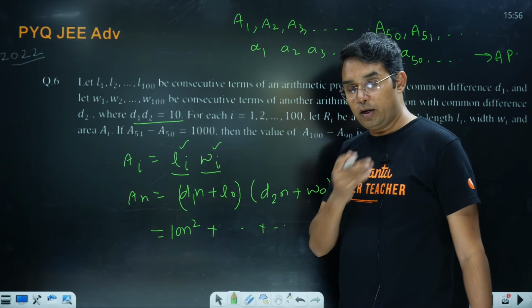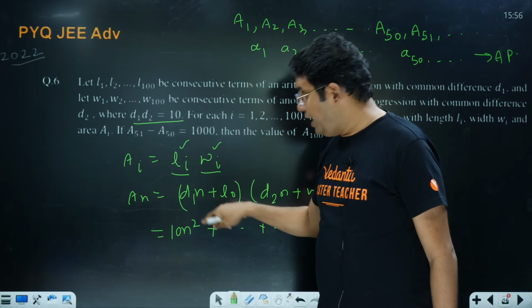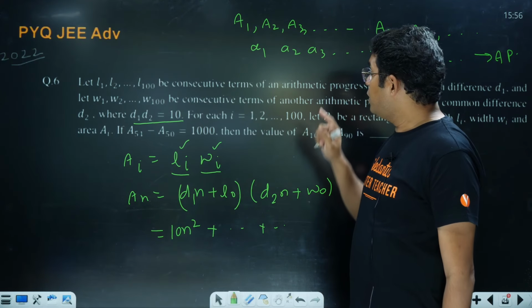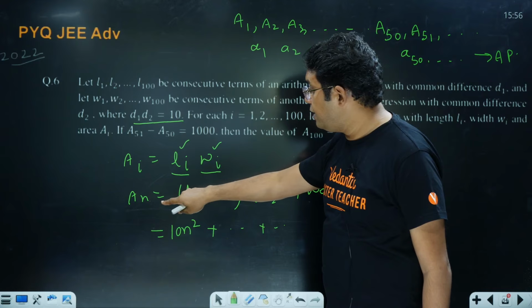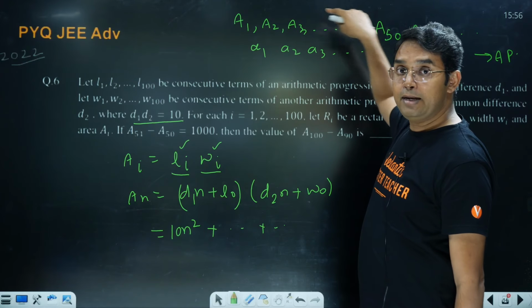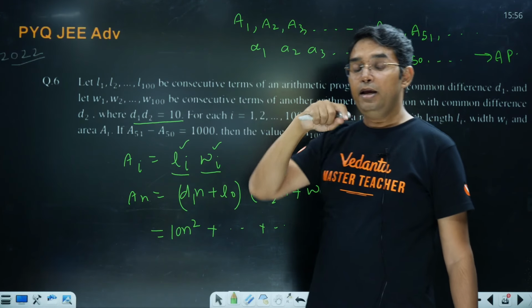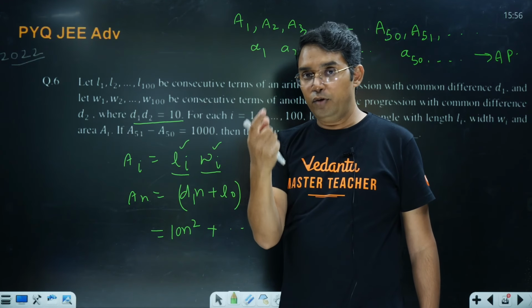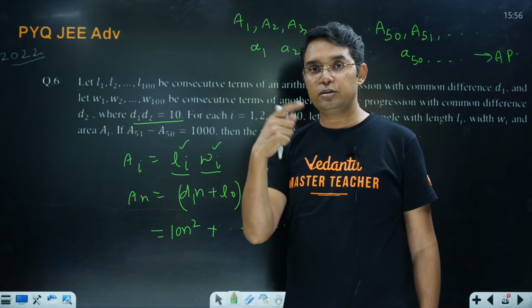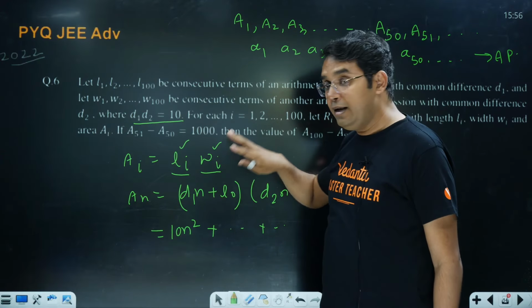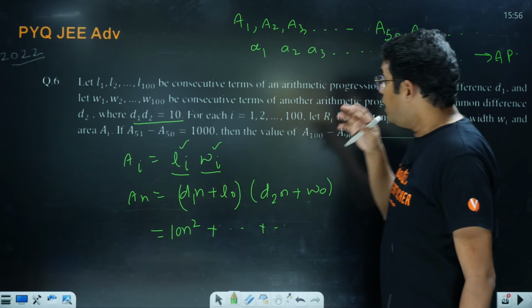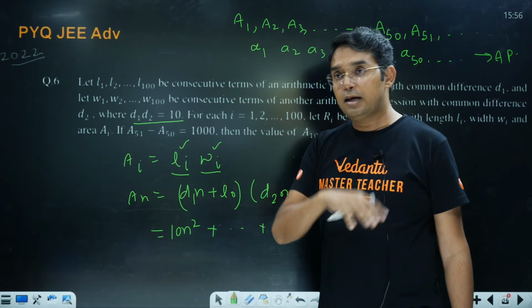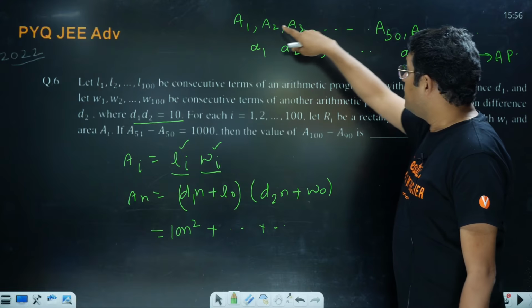An is 10n square. Now please listen carefully. If An is 10n square, now please remember, I told you whenever this nth term is found, we do the integration of the leading term to get the leading term of Sn. Now we want to do otherwise.